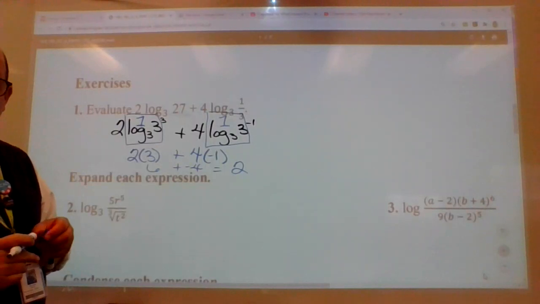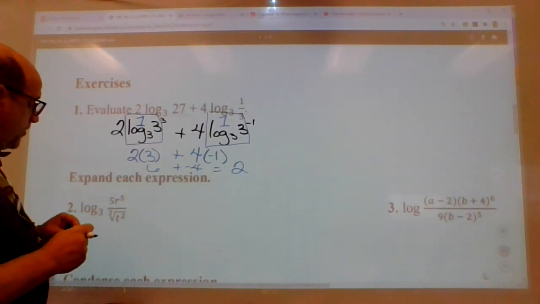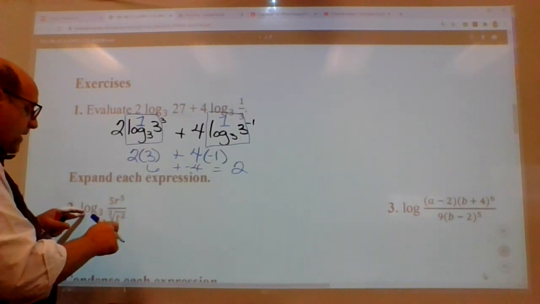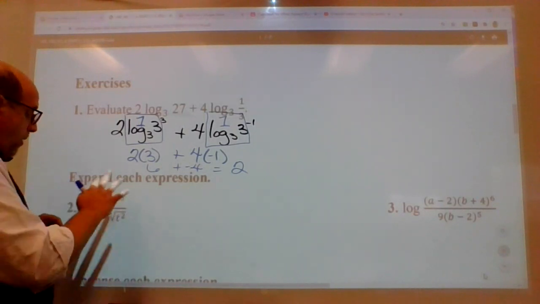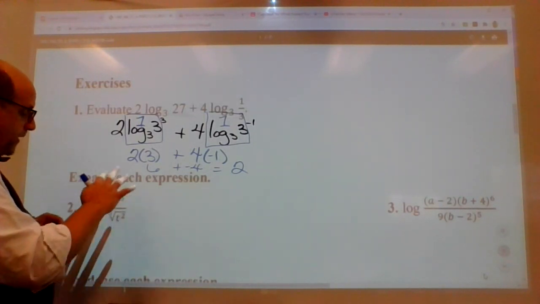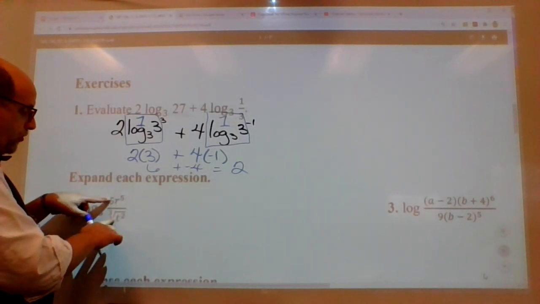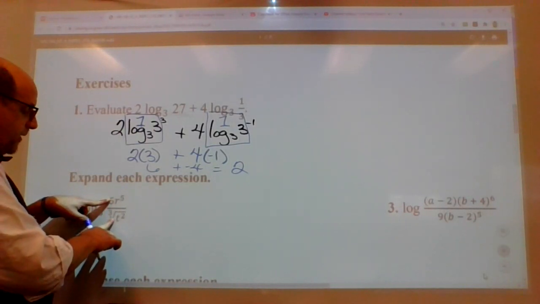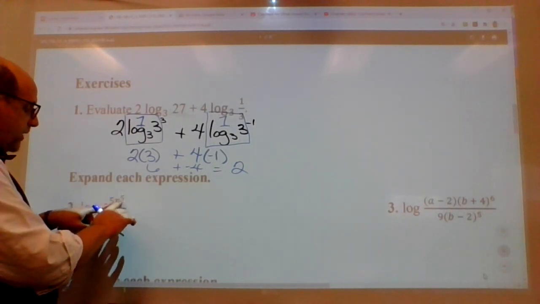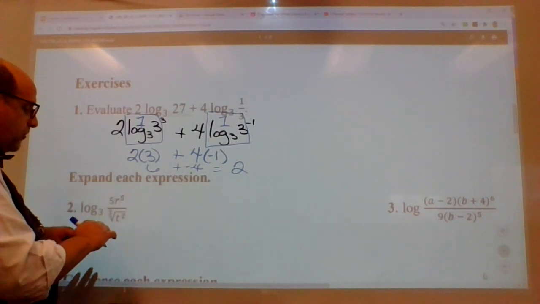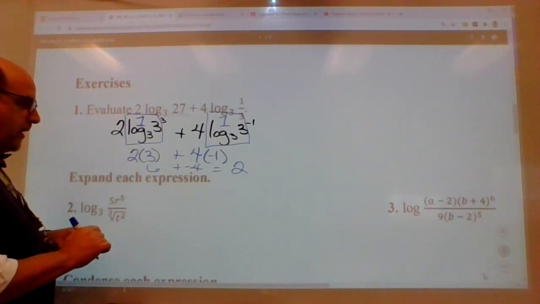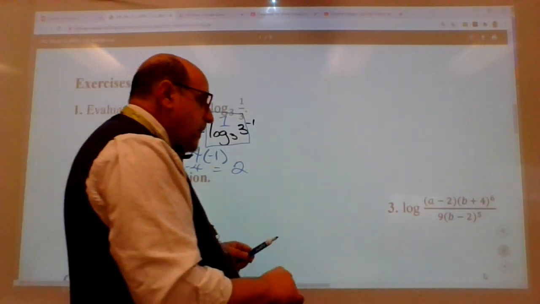Sounds pretty good, right? Other than that, we can just expand. This is expanding using the quotient property, and we also have some multiplication and some powers that we have to reconfigure. Let's go ahead and do that one.